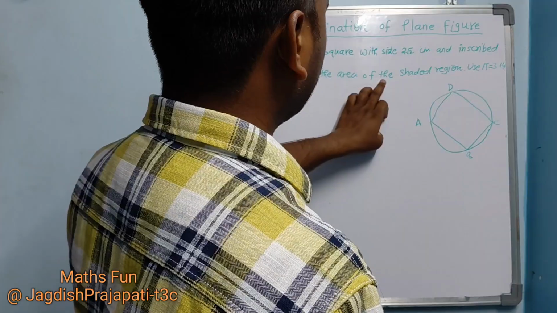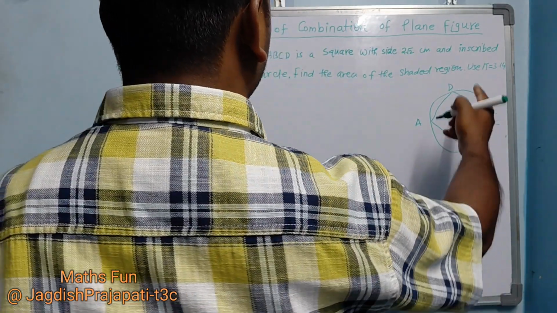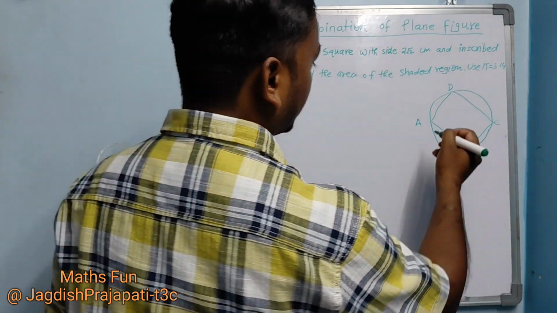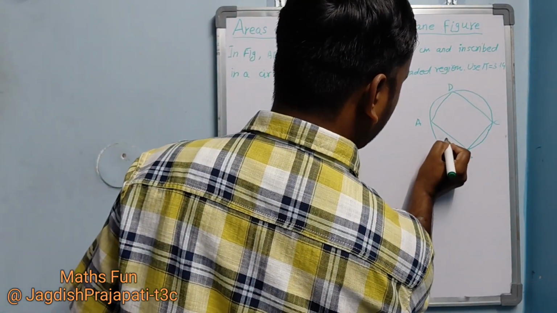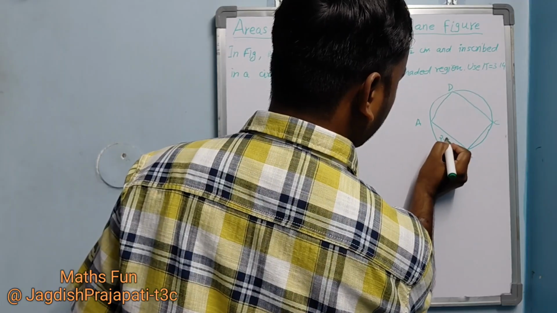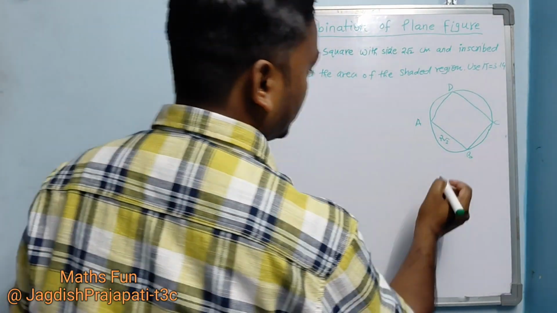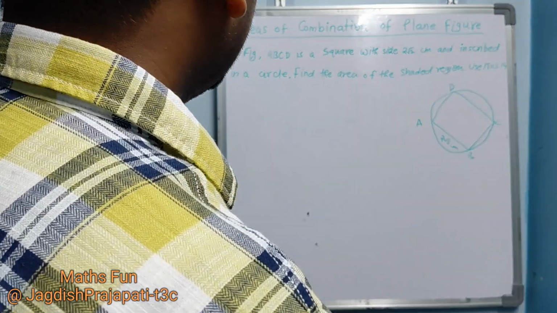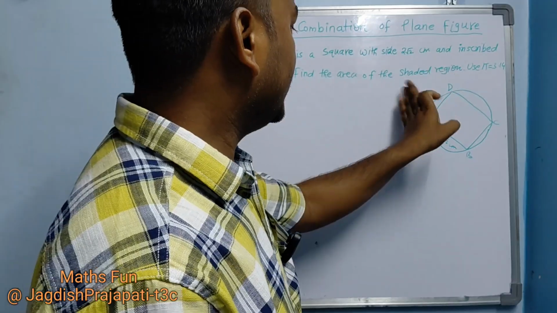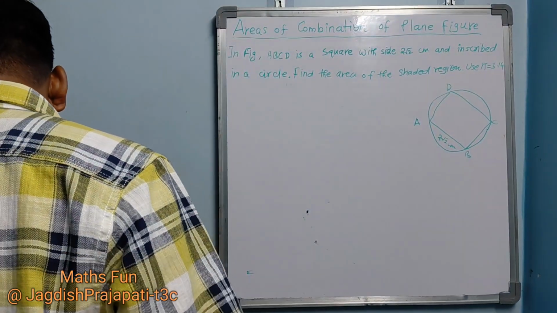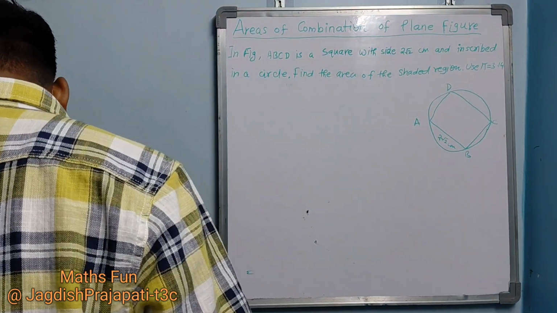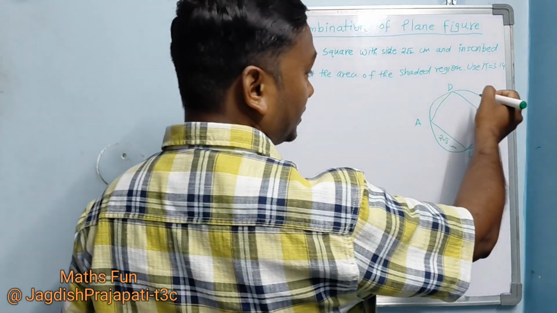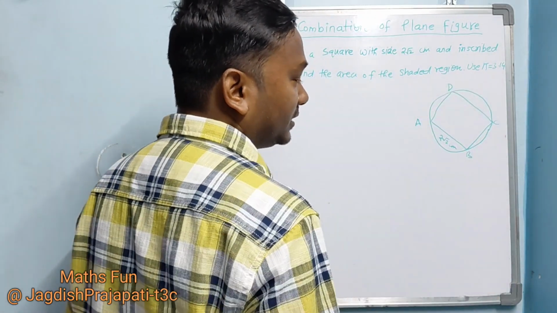So, find the area of the shaded region. Use pi equal to 3.14. The length of this side is given as 2 under root 2 centimeters, so each side will be 2 under root 2. Now we have to find the area of the shaded region. The shaded region is the region between the inscribed circle and the square.